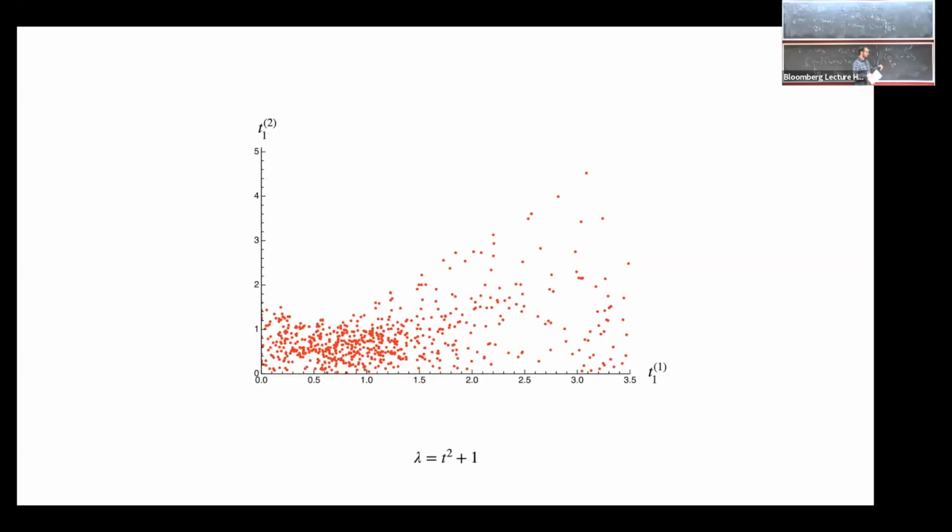And we are using the usual linear programming to put an upper bound on the lightest spin 2 eigenvalue. So spin 2 means in this case an eigenvalue of the Laplacian on symmetric traceless tensor fields of rank 2. On the horizontal axis, t is the parameter along the principal series. So the eigenvalue is t squared plus 1, but the axes are the parameters on the principal series.